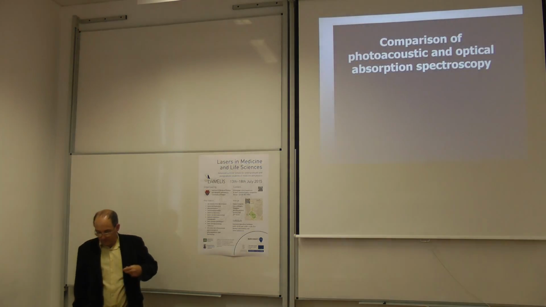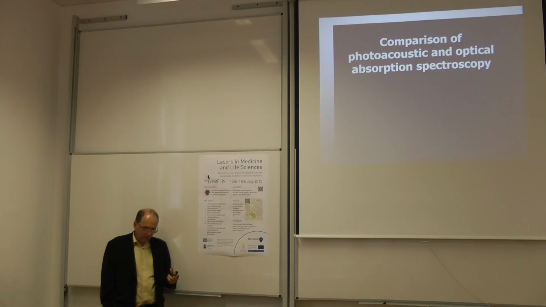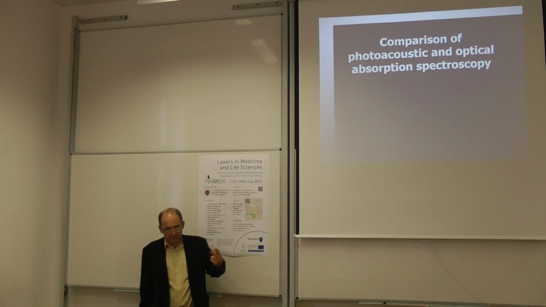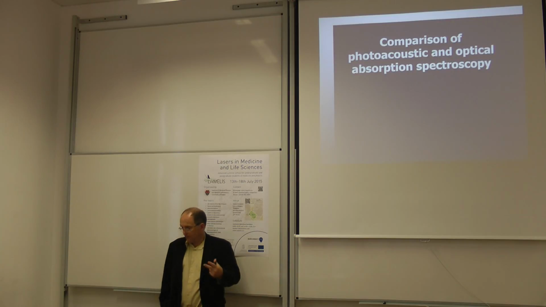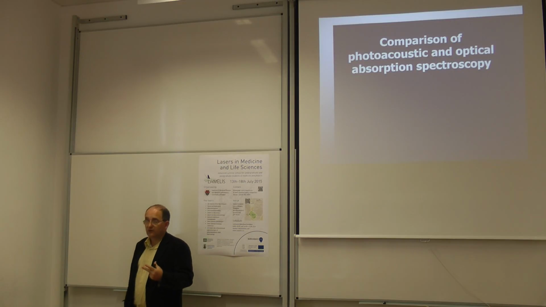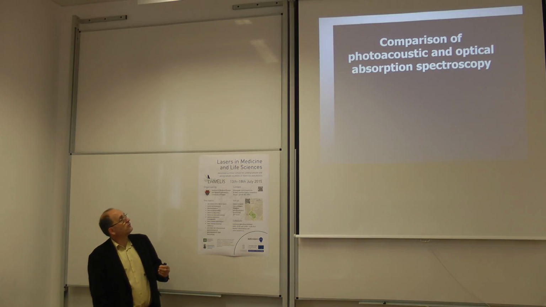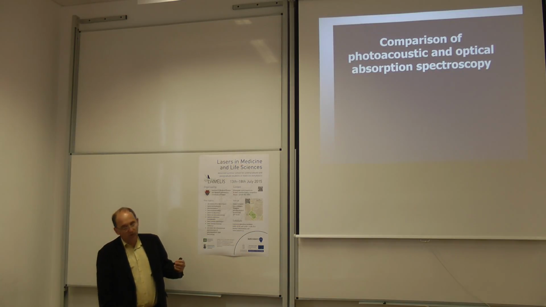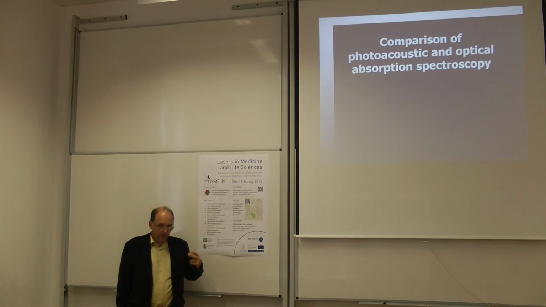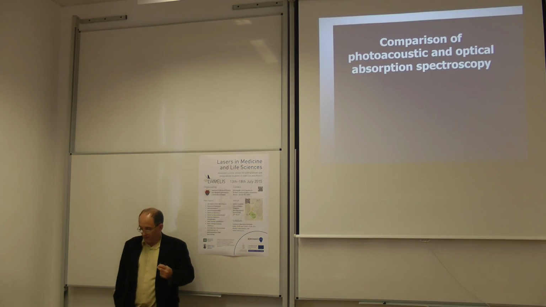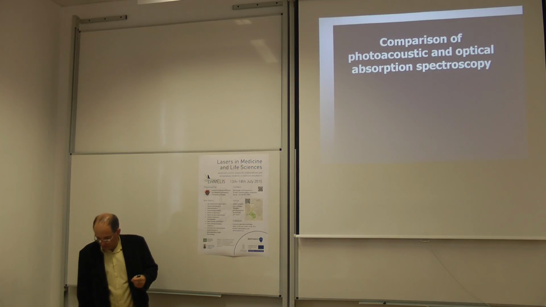When I started to do photoacoustics, and after we developed the photoacoustic method, the question was how our photoacoustic system compares to competing measurement techniques. The natural choice of comparison is optical absorption spectroscopy.